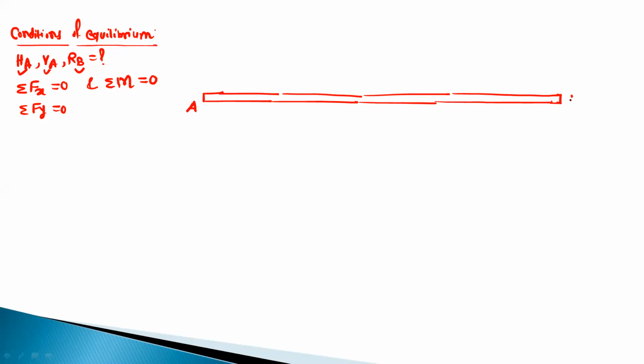So this is beam AB. At point A, there are two reactions, VA, second reaction is HA. Then reaction RB at point B. Then there is an extended portion.